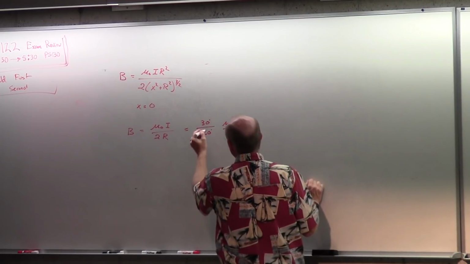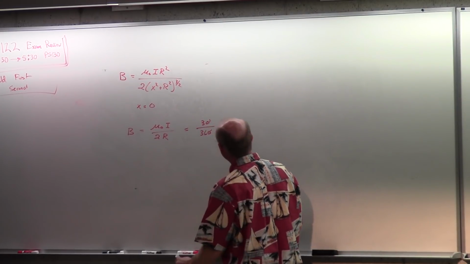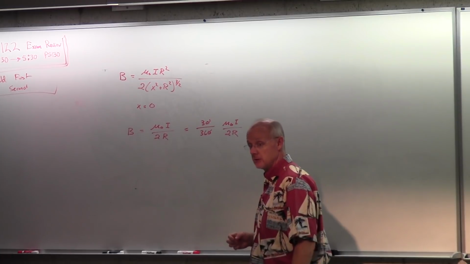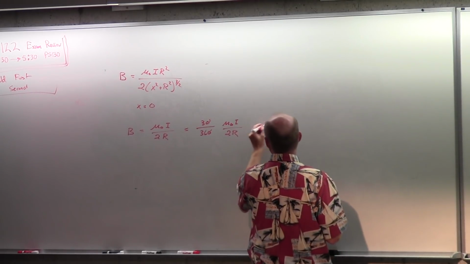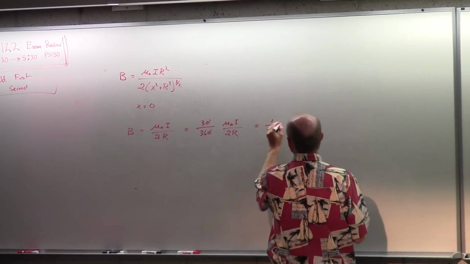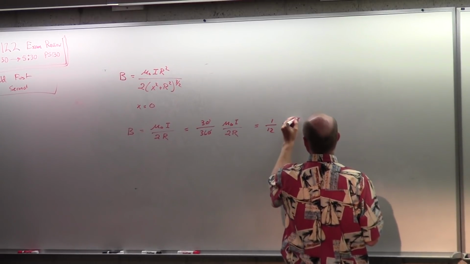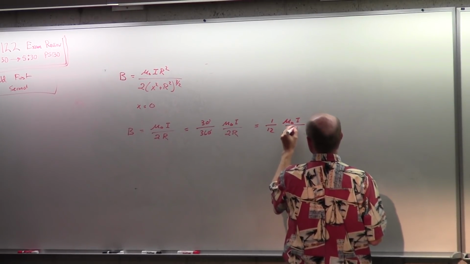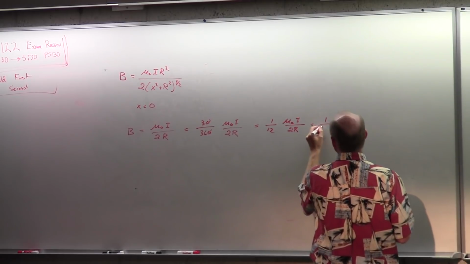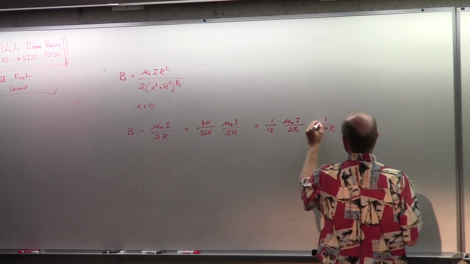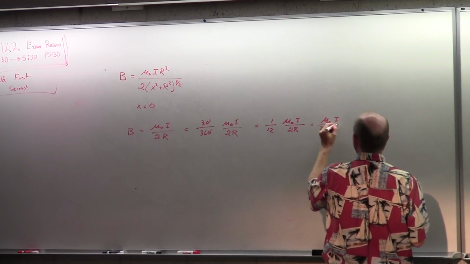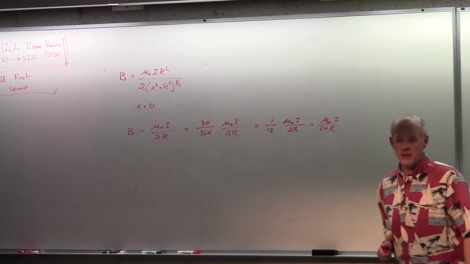But let's see, what does that reduce to? 12 times 3 is 36, so 1/12. So 1/12 of mu naught I over 2r, or mu naught I over 24r. And so there's the magnetic field.